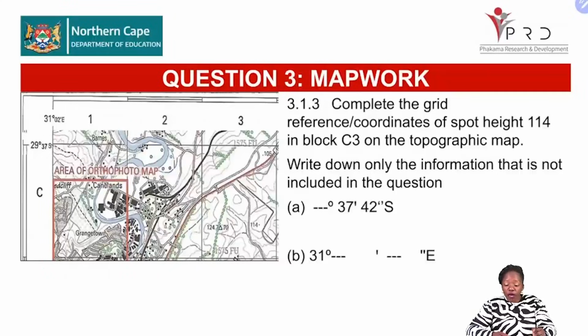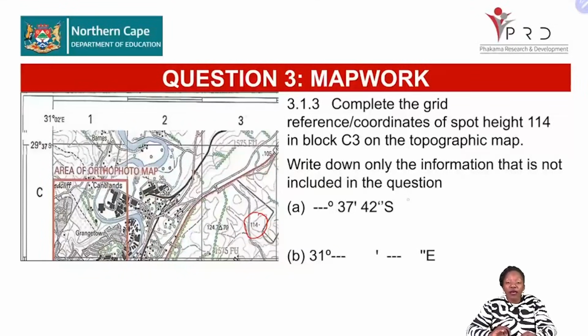Then question 3.1.3: complete the grid references or coordinates of spot height 114 in block C3. So here is the spot height 114 in block C3 on the topographic map. Write down only the information that is not included in the question.